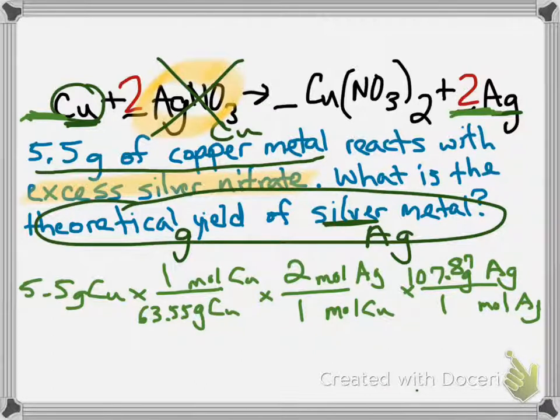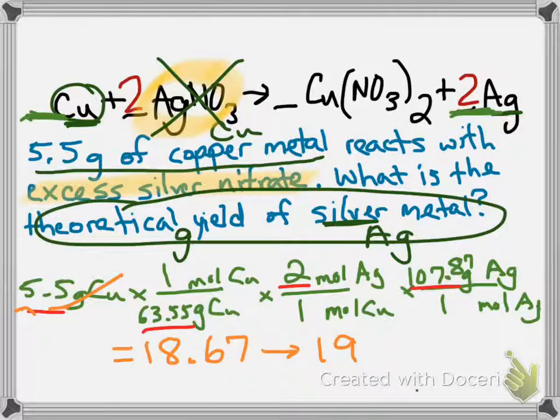So now we plug this into our calculator. We are going to start by doing 5.5 times 1, which will give us 5.5, divided by 63.55, then times 2 divided by 1, which is the same thing, so you don't need to put the ones in your calculator, and then times 107.87, which equals 18.67, which I'm going to round to 2 digits because that's how many digits I start with, so I'm going to round it to 19.